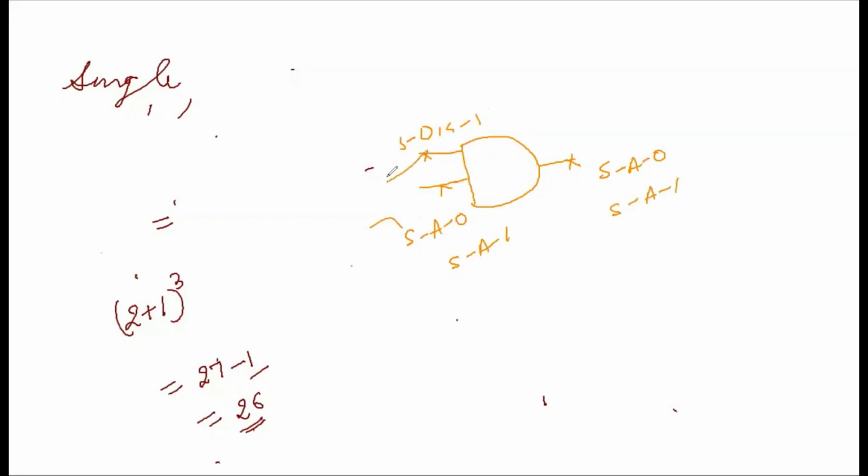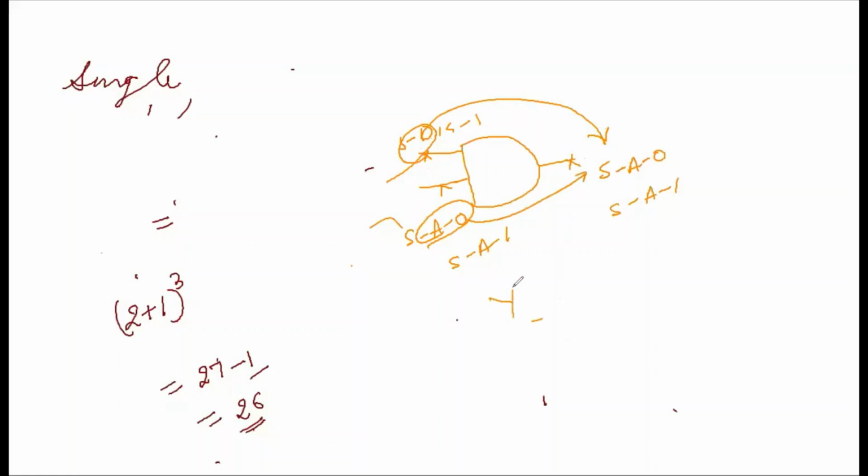But if any of the input is 0 here, my output is definitely going to be 0. So my stuck at fault of the output, it is actually shadowed or it is covered, or similar behavior is depicted if any one input is trapped or stuck at 0. So I can say these three faults, they are equivalent.